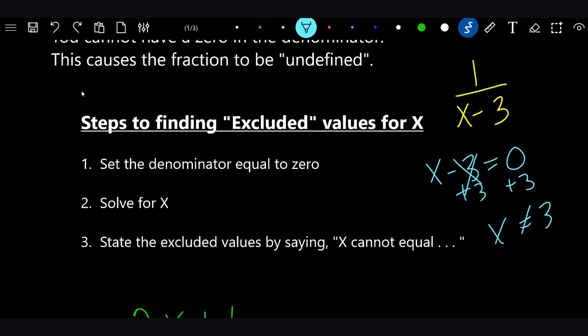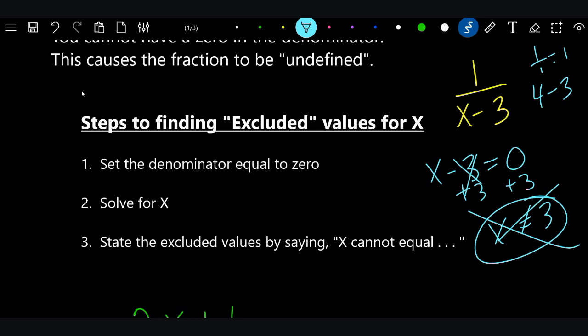What are you telling me when you say that? You're saying that all of the other values are possible. Okay, so what if we say x equals 4? Well, 4 minus 3 equals 1. So 1 over 1 equals 1. That gives us a solution. The only one that doesn't give us a solution is this one right here. That is the one that it cannot equal.